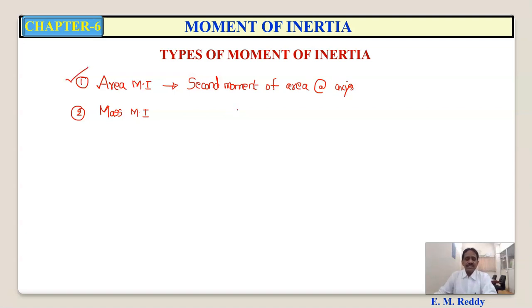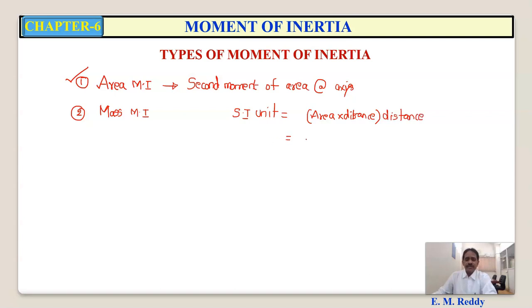Now, what is the SI unit of area moment of inertia? Yes, moment of area means area into distance. We are taking moment of area. So, area into distance. Then the second moment means moment of moment. That is area into distance into distance.